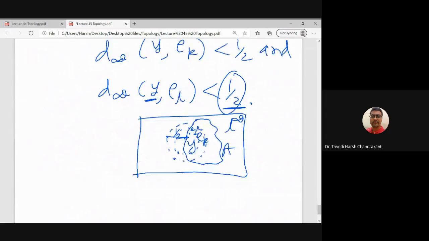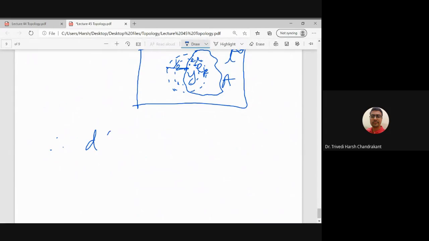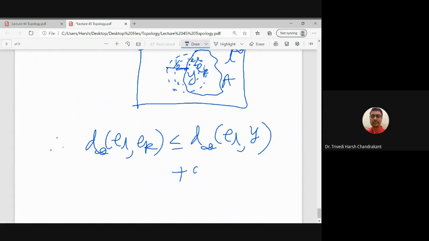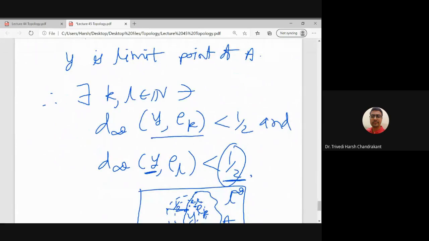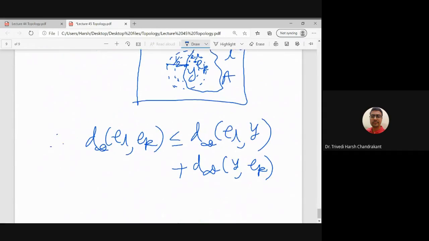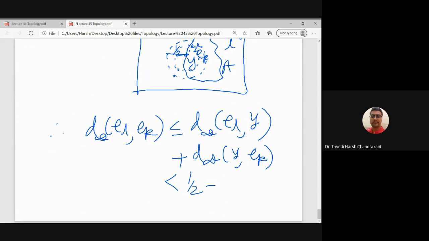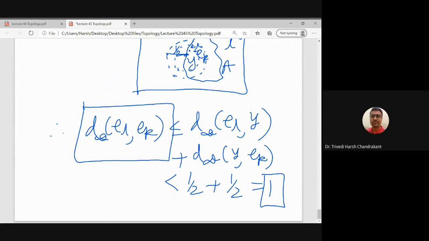So finally, by the triangle inequality, the distance of EL and EK is less than or equal to the distance of EL with y plus y with EK. We know the distance of EK with y is less than half and EL with y is less than half. So it is less than half plus half, which is 1. So what we got is that the distance of EL and EK is less than 1.